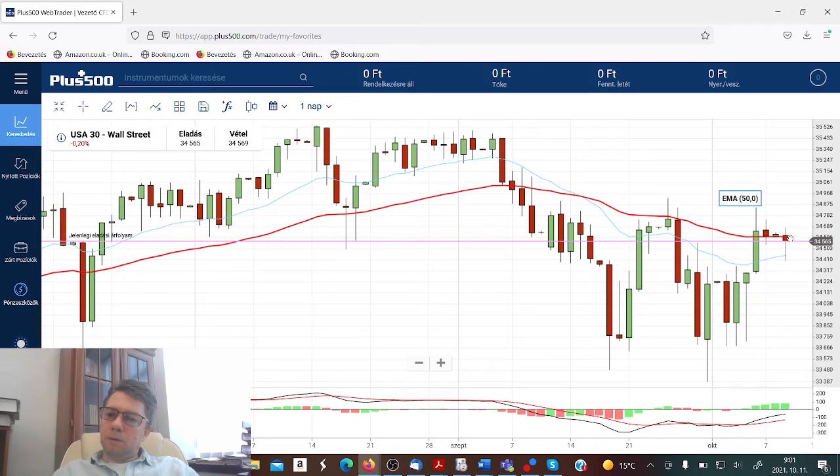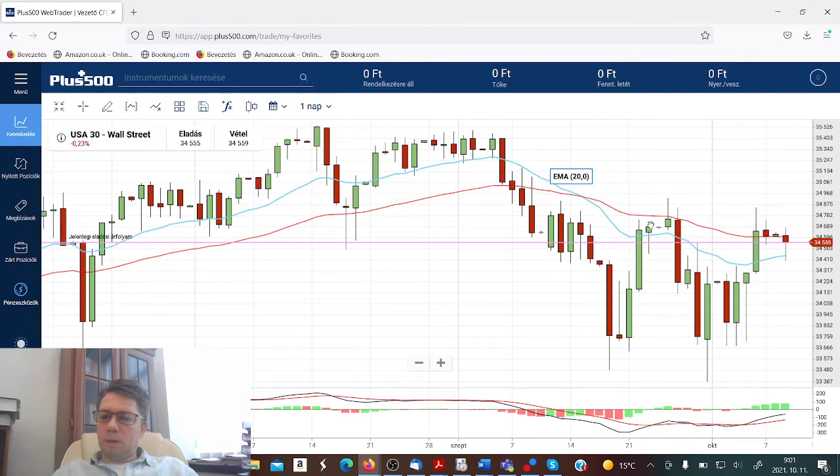It's right now a resistance at around 34,600-ish levels, and we are above the 20-day EMA, 34,420-ish level.